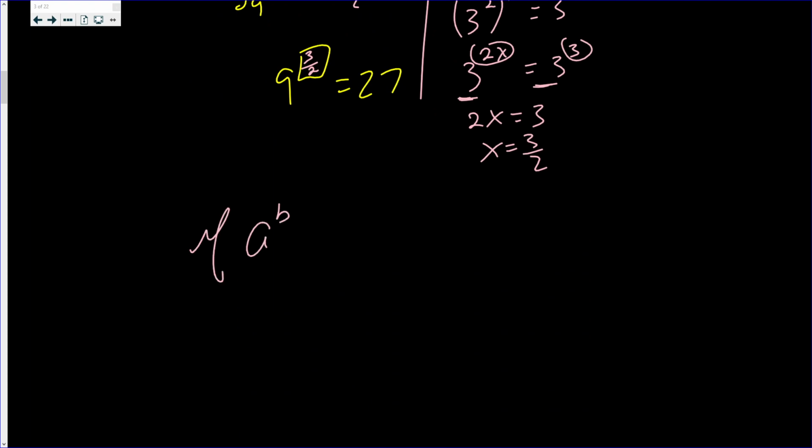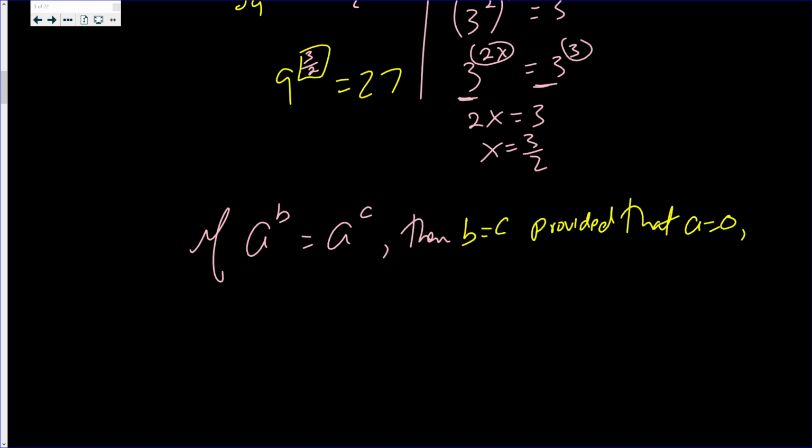If a to the b equals a to the c, then b equals c, provided that a is not 0 and a is not 1.